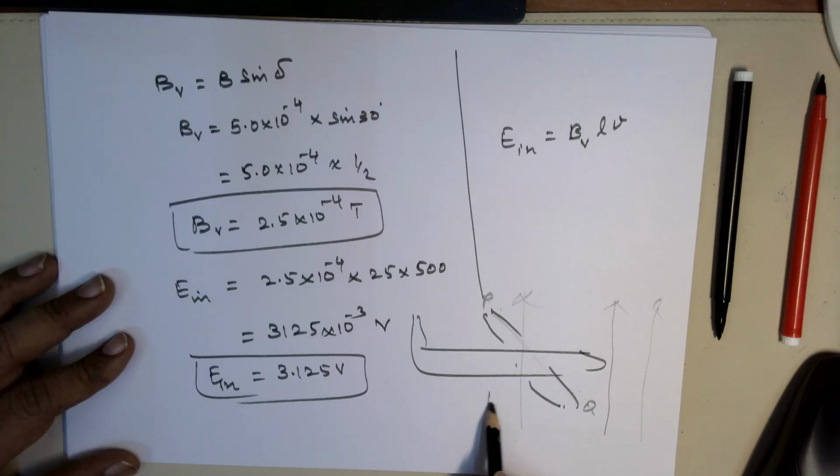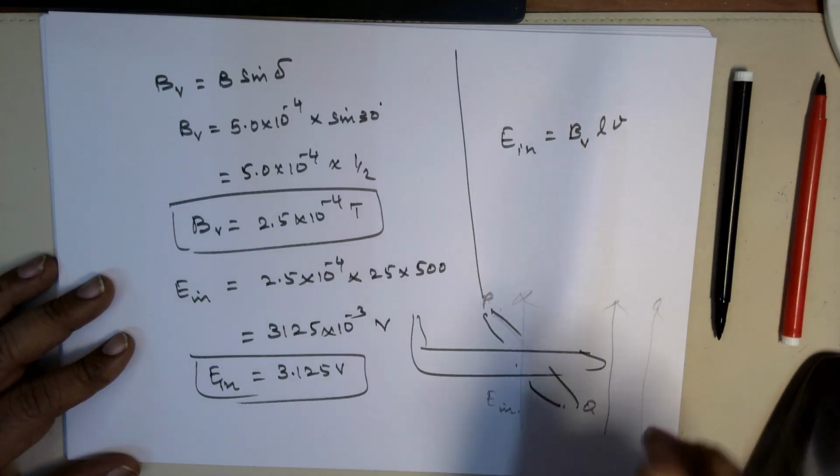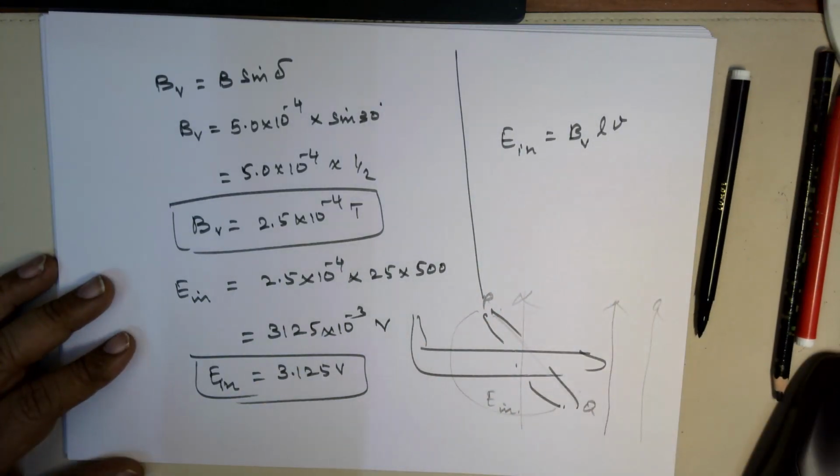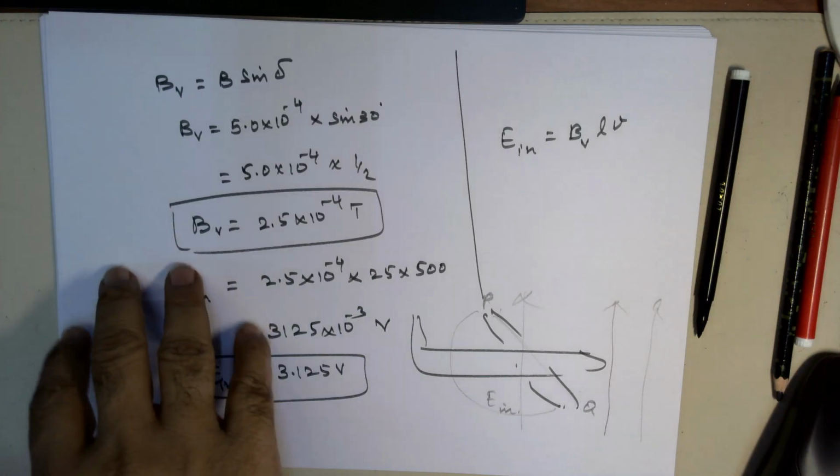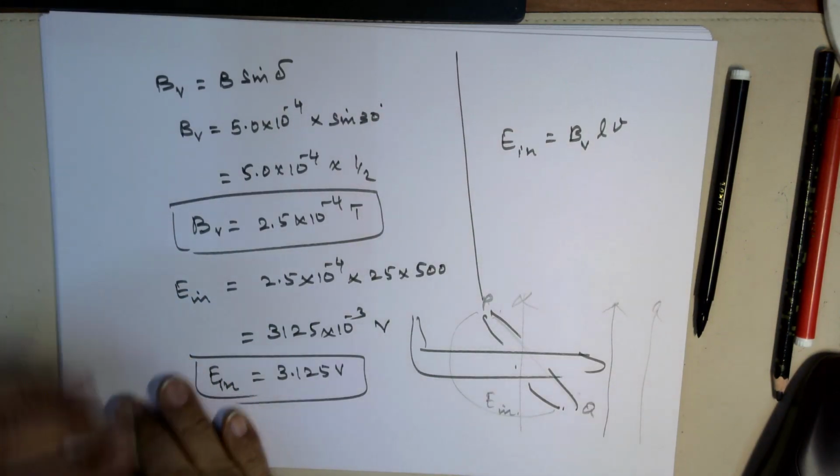The electric field is induced between these two ends. How much have we calculated? 3.125 volt. This is a very interesting sum, and you should be able to think and apply the concept here. So let me take one more sum, and with that we will complete it. We'll continue in the next class.